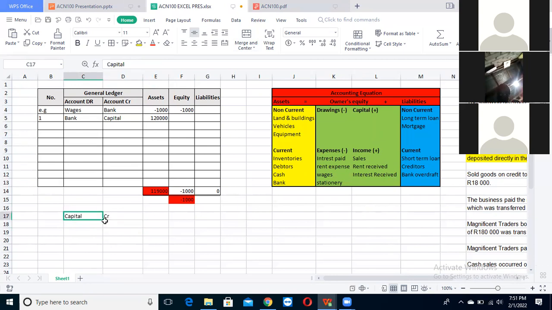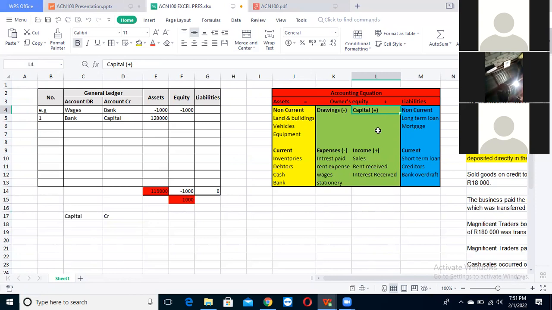Now we are left with the capital account. What is happening with the capital account? The owner is increasing his capital. And therefore we go to the owner's equity section here. We want to see when capital is being increased, what effect has it got on the owner's equity? You see that here I provided you with capital, and in brackets I put a positive sign.